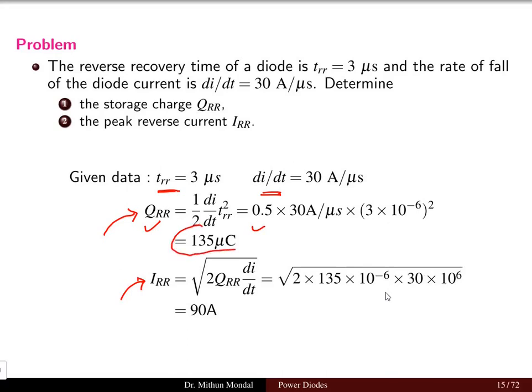That is 135 microcoulomb in this case, substituting the value of 3 microsecond and 30 ampere per microsecond, you are getting 135 microcoulomb as the net charge which is present in the reverse recovery. Whereas the current, if we are estimating, is 90 ampere, substituting the values of the charge and the fall of the current di by dt.